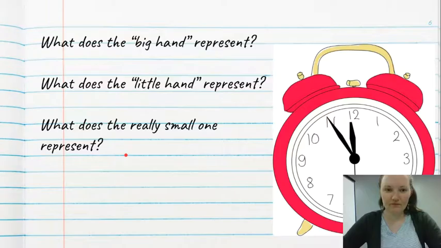Now, what does the big hand represent? What does the big hand do? The big hand represents the minutes past the hour. And then what does the little hand show?